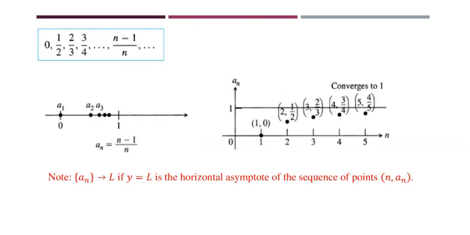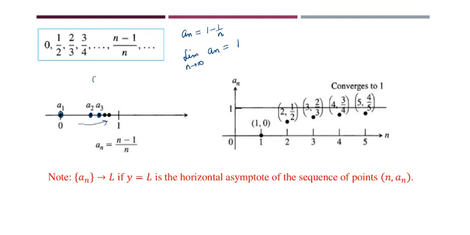now see this next example, where I can write my nth term as 1 minus 1 by n, and the limit of an as n tends to infinity is equal to 1. And we see it graphically as well. Your first term is 0, your second term is 1 by 2, third term is 2 by 3. So terms are increasing.